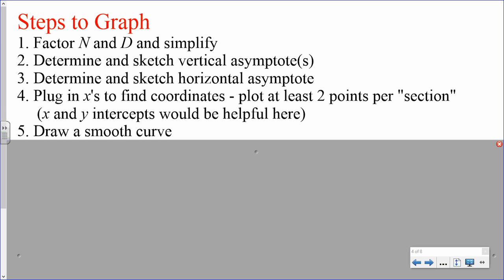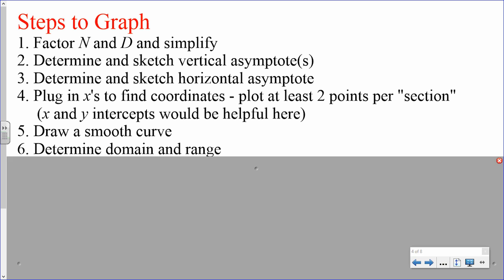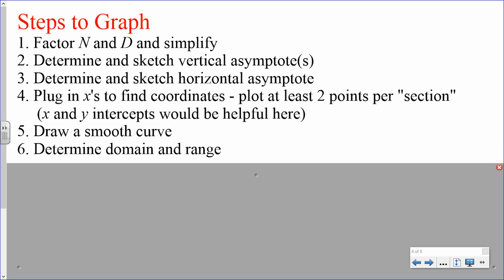We know that our curve should approach our asymptotes in a certain way. And then I will be expecting you to tell me the domain and range.